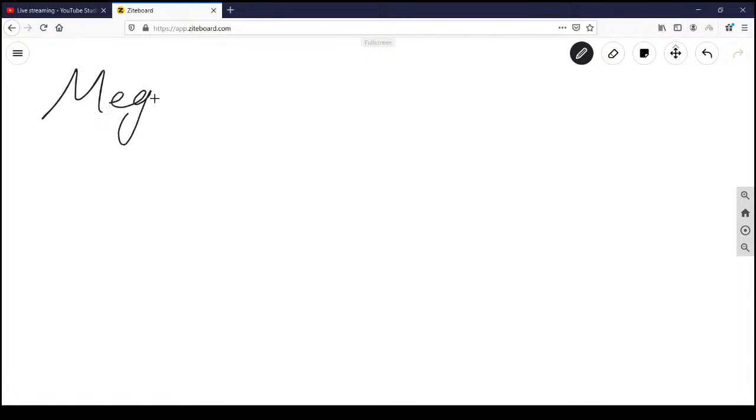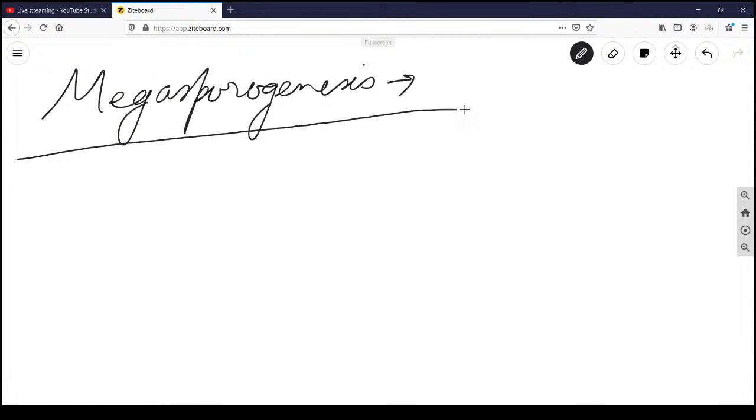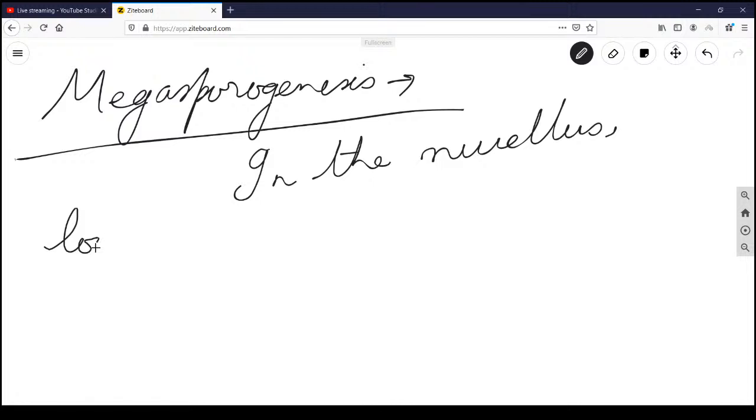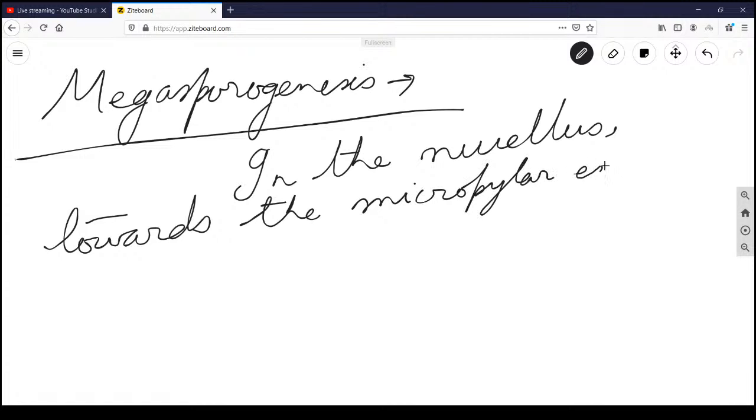When we talk about megasporogenesis, in the nucellus, towards the micropylar end, not the chalazial end, there are specific archisporial cells known as hypodermal distinct archisporial cells.